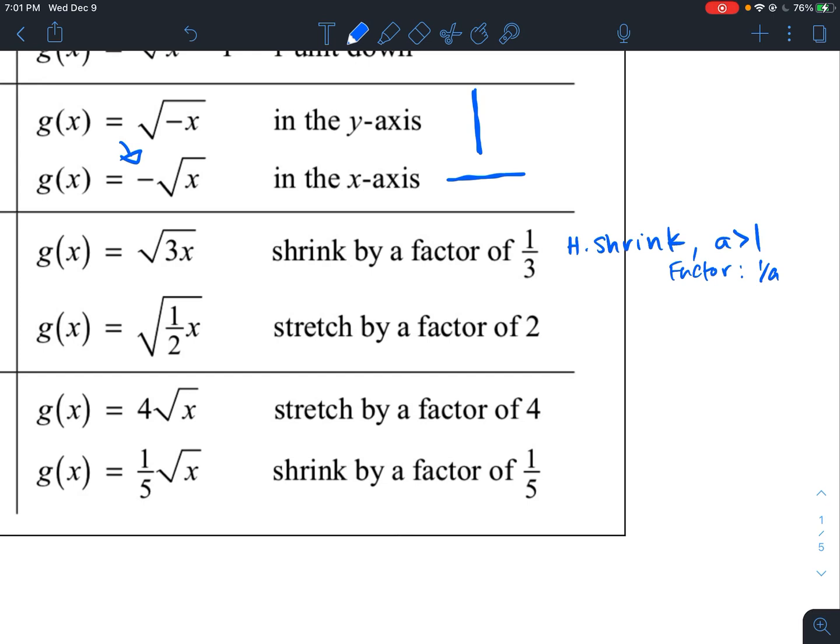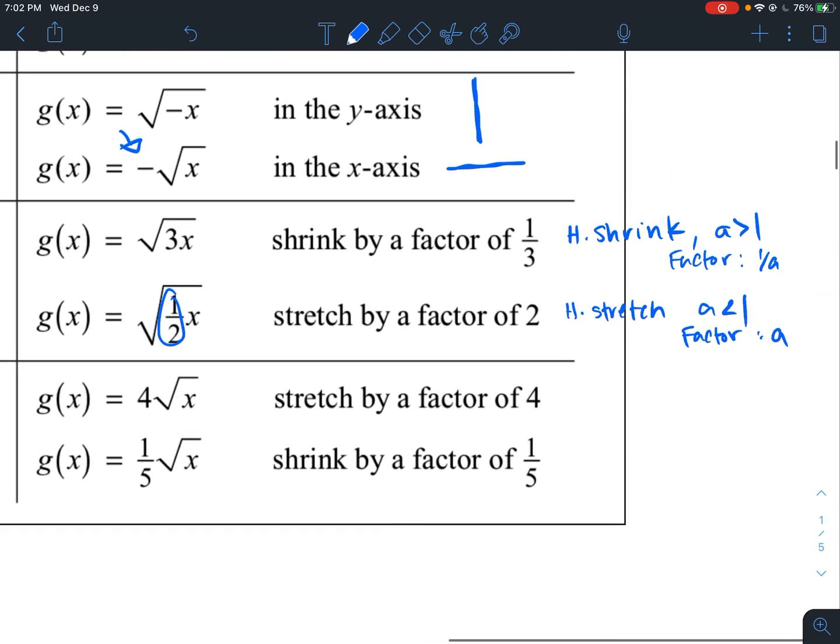For a horizontal stretch, a would have to be less than 1, and the factor will be a.